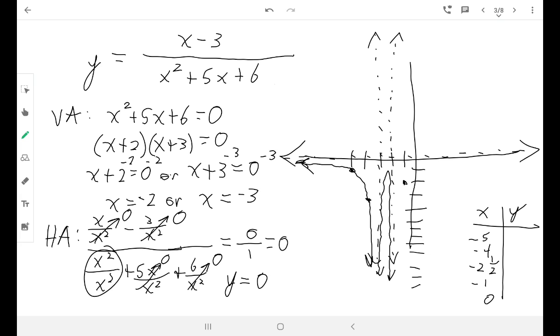So that's kind of like that. And then 0 should be a lot easier. -3/6, which is -1/2. So there, and then this one does that same thing as on the other side. And so it starts to look like that.